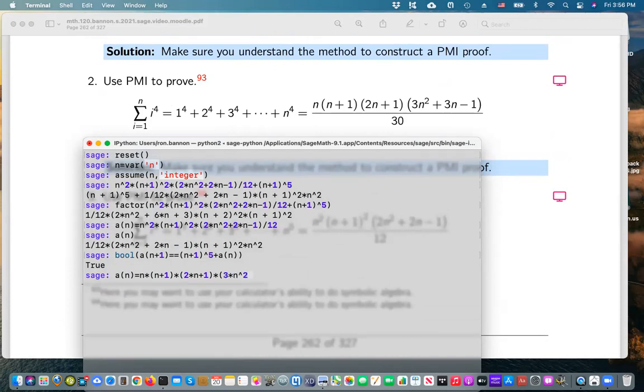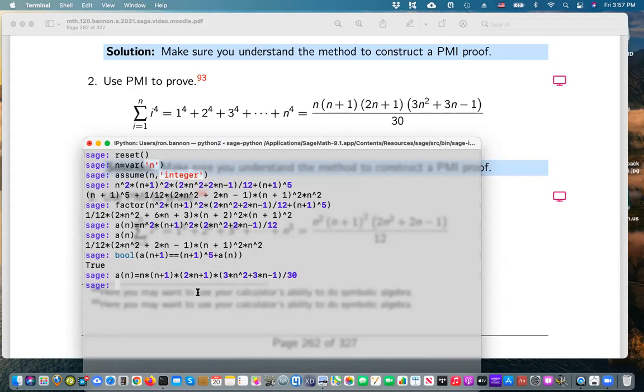You're going to make mistakes typing, by the way. All right, let me see if I typed it in right. n plus 1, 2n plus 1, 3n squared plus 3n minus 1 over 30.